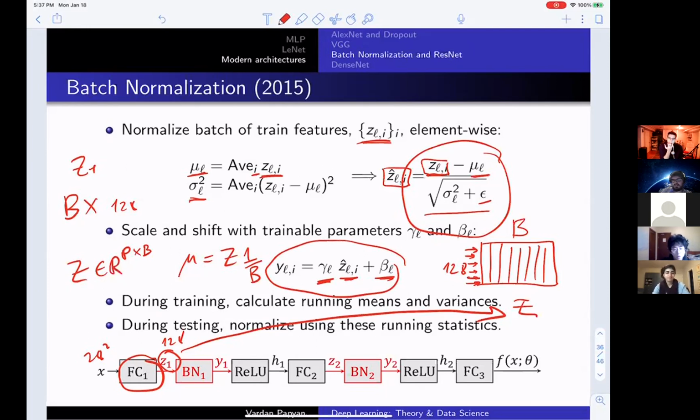No, it's actually divided by B, not P times B, because the mean is per each entry in Z. It's not a mean over all the features, if that makes sense.